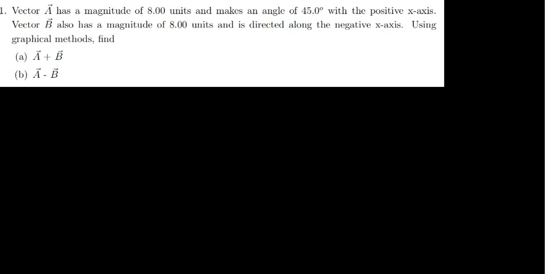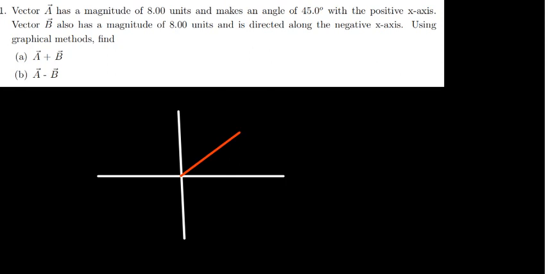But now using the graphical method, I don't have a protractor, but I'm going to try just estimating. So let's say this is our graph. And then let's assume A is 8 at 45 degrees. We know it's from this point, so it has to be in between.